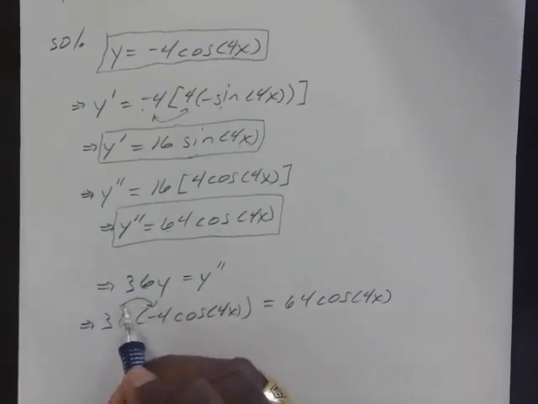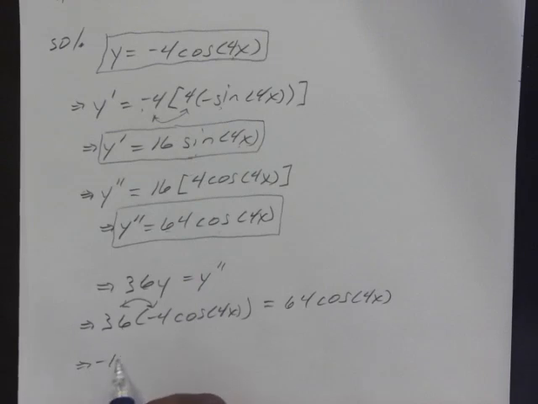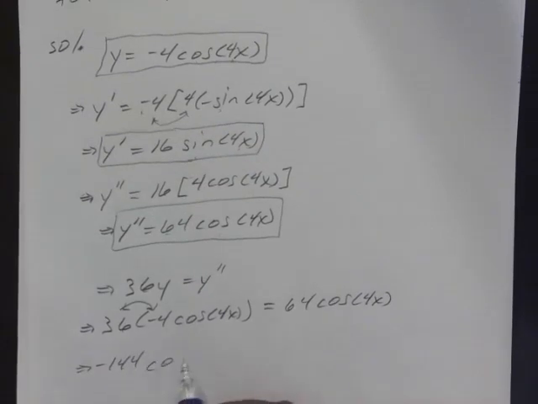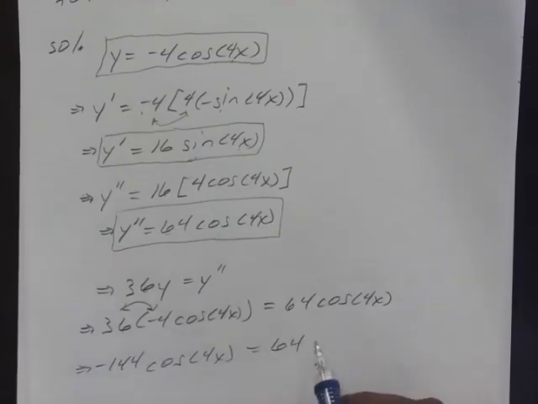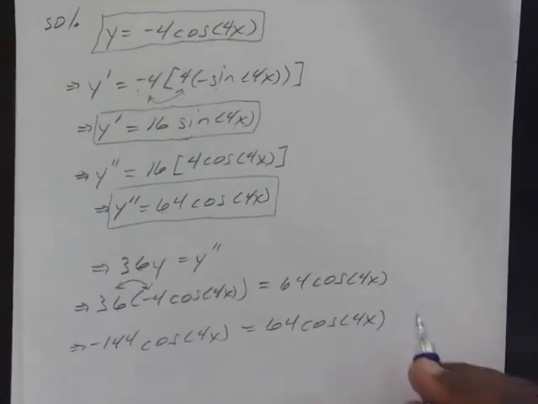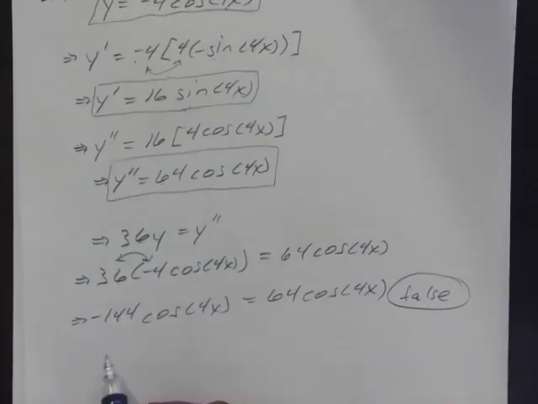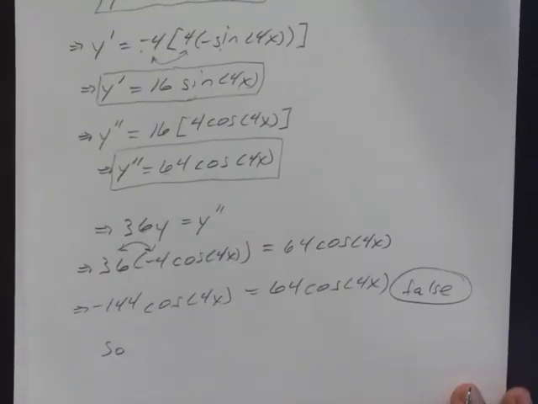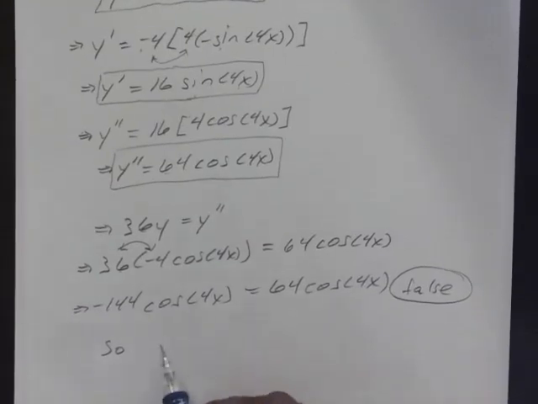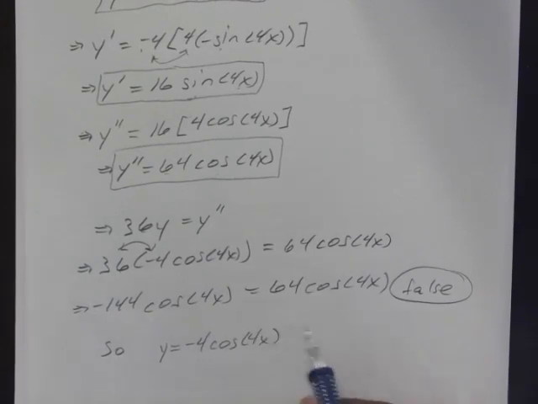Okay, so we multiply those two, we get -144 cosine of 4x is equal to 64 times cosine of 4x, which is false. So we know that y is equal to -4 cosine of 4x is not a solution.